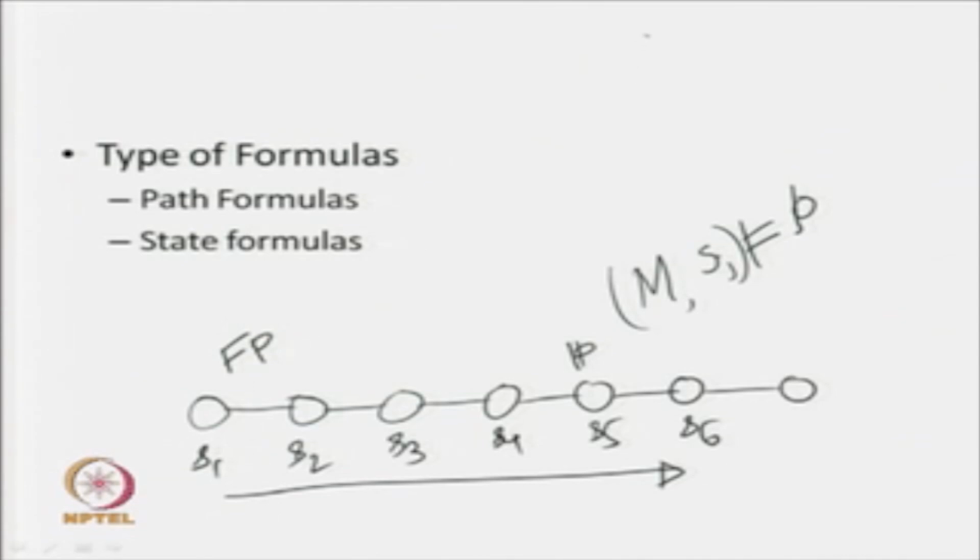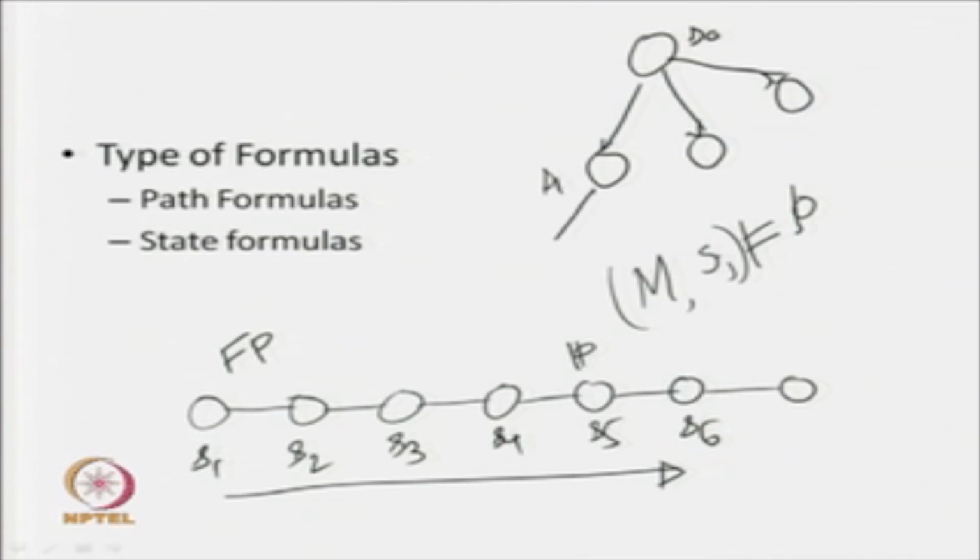Now, in case of branching time, what will happen? Say we have a state S0, and depending on several conditions, time may branch out in several different positions. If I come to S1, depending on the input combination or state of the system, it can proceed to either S2 or S3. When we talk about state S0, we have to see all possible combinations.